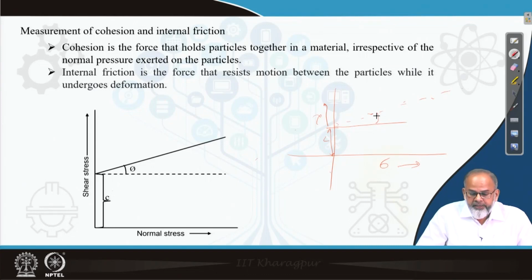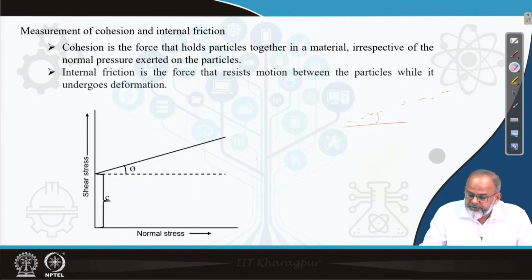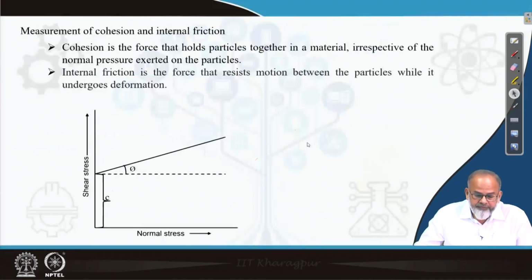Phi, the internal friction angle, is the force that resists motion between the particles while the material undergoes deformation. These are some of the ways by which we can measure the shear strength of soil, and from it we can find the values of C and phi in the field.